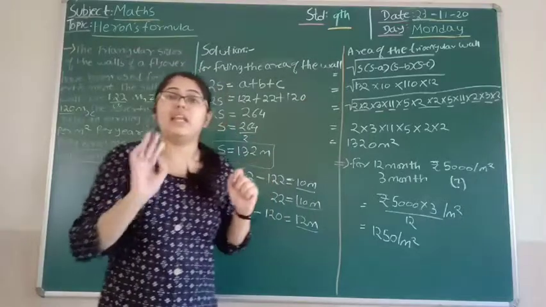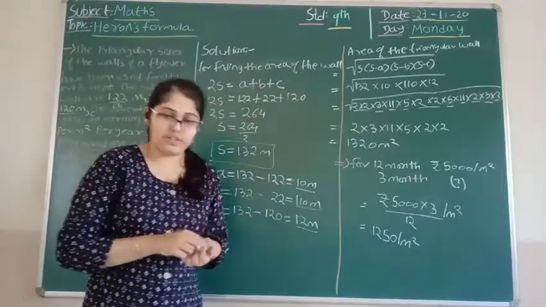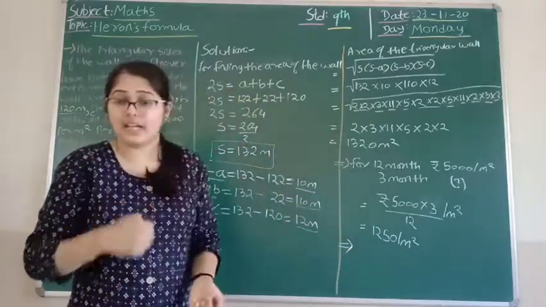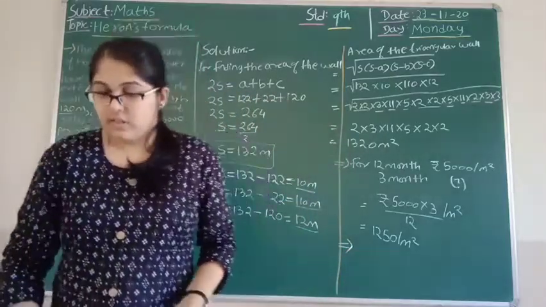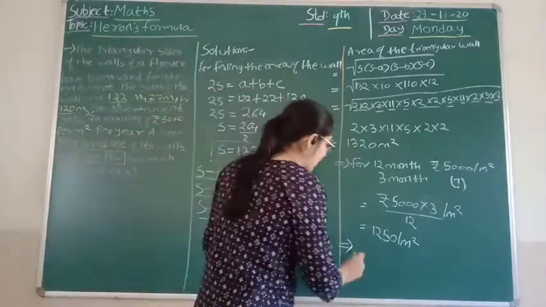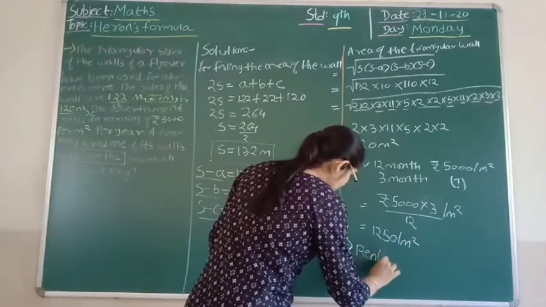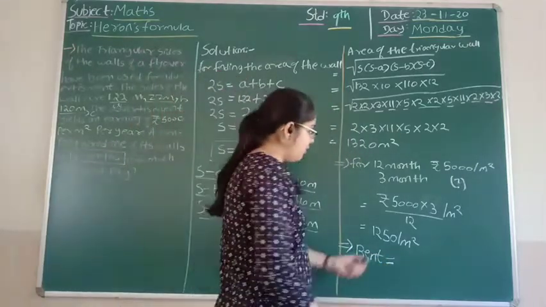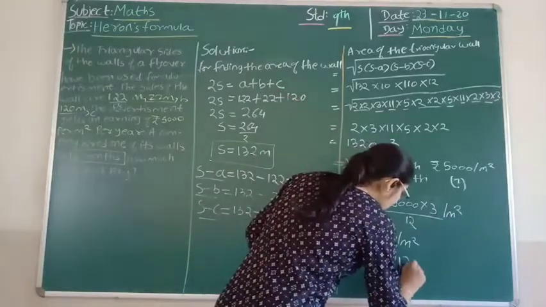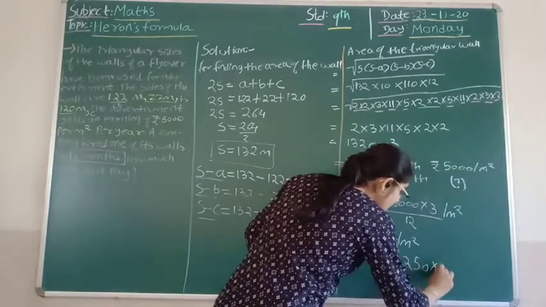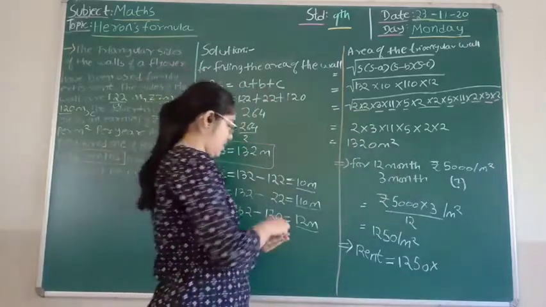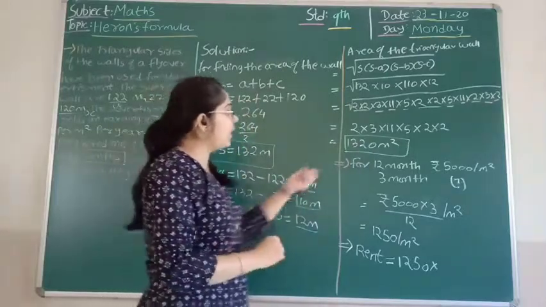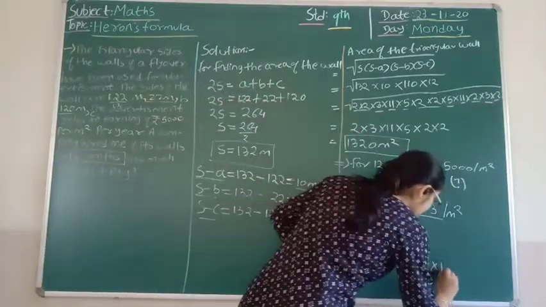So as per the area of the triangle, what I need to pay is, so the rent will be nothing but I need to multiply this 1250 by this, that is our area, 1320. Right?